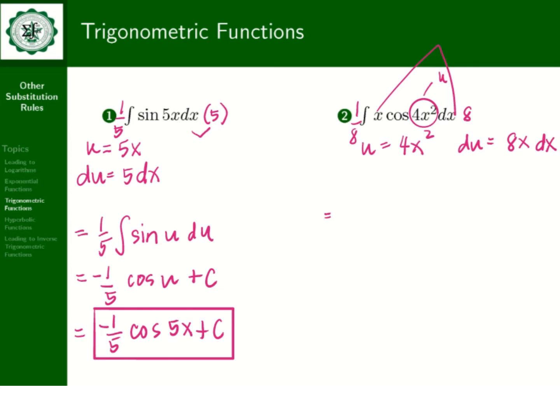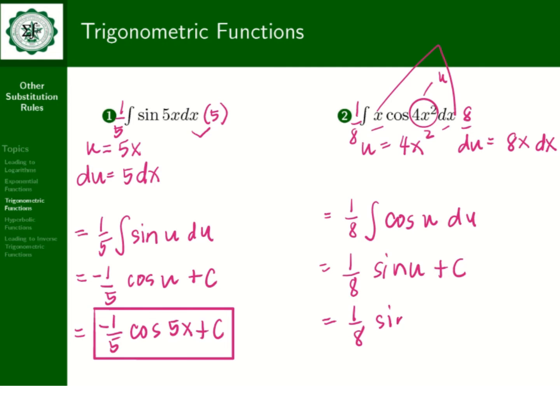We have 1 over 8 cosine, 4x squared will be replaced by u, and then x dx together with 8 will become du. And using our formula for trigonometric functions, the integral of cosine of u is sine of u plus c, and then we replace u with 4x squared.